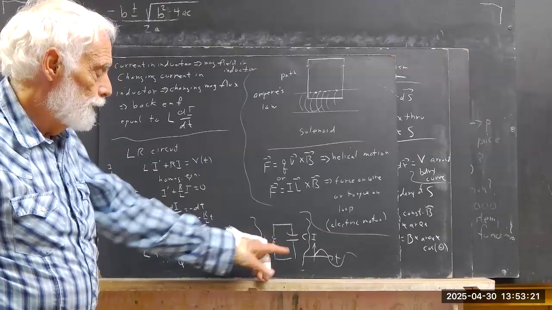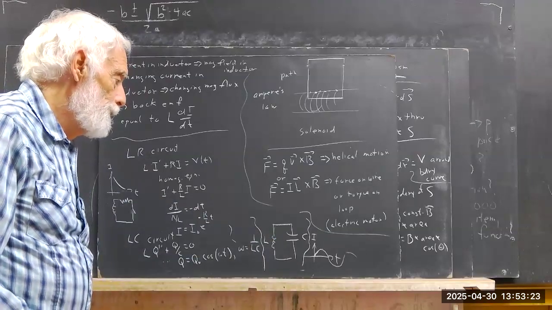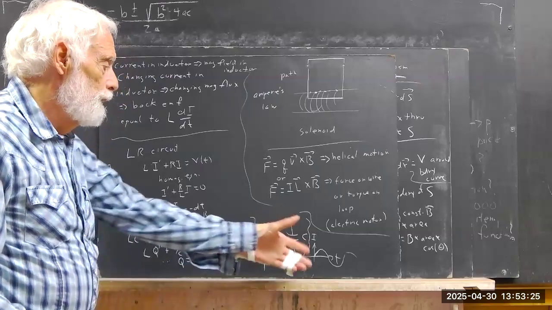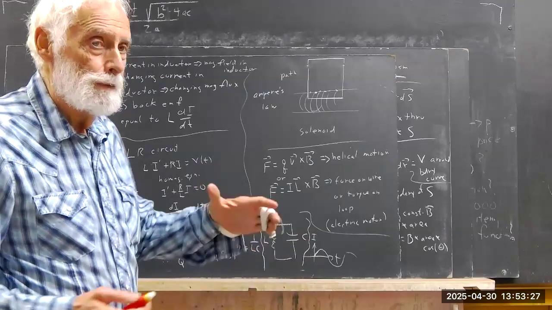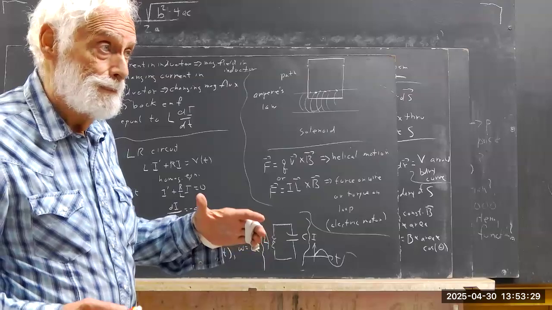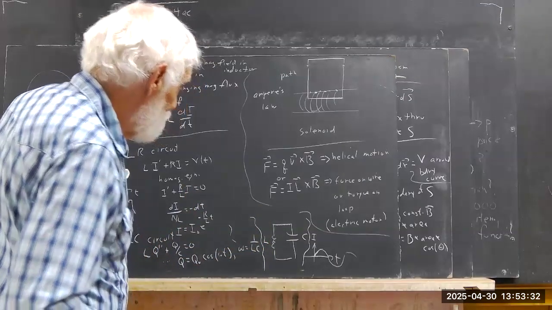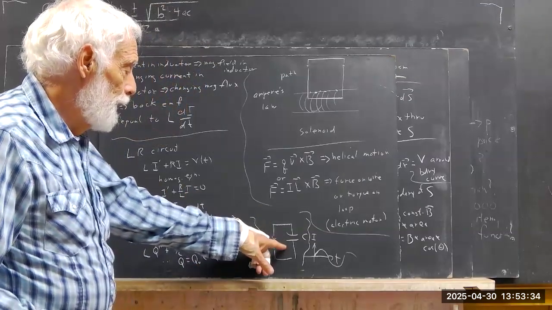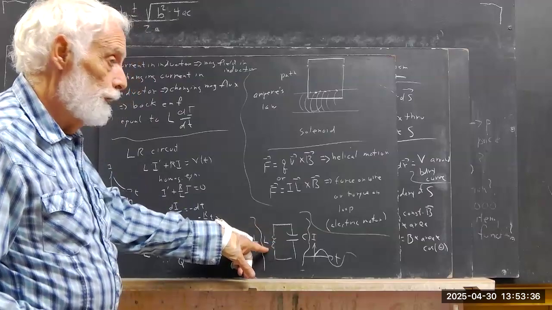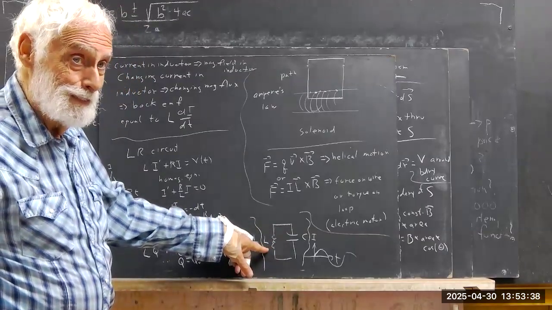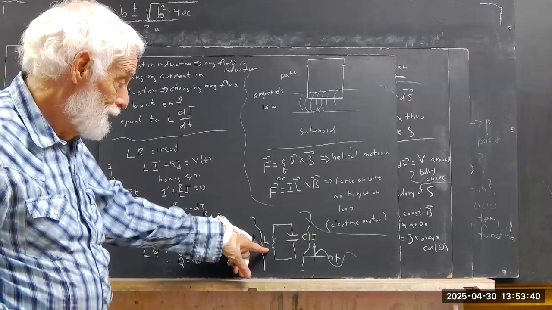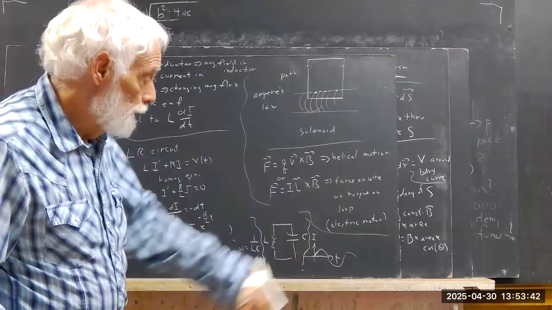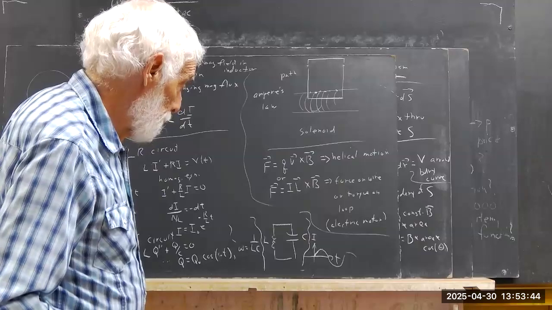Now, this circuit will never give you infinite current. It can't, because even when the capacitor is fully charged and the inductor is empty, the back EMF prevents too much current from flowing.